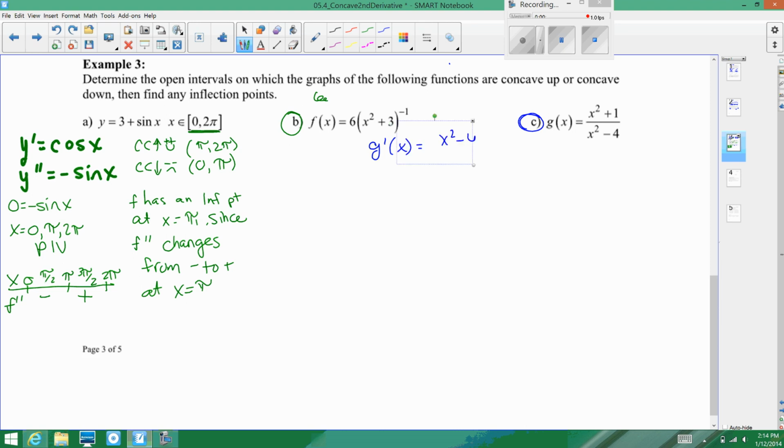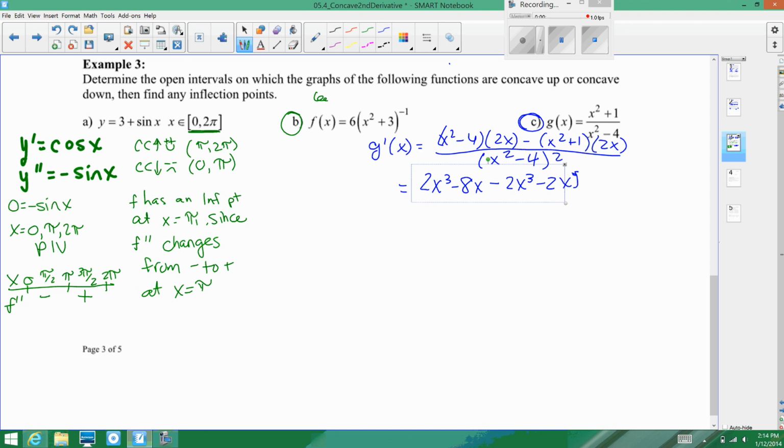So we have ho d hi minus hi d ho, all over ho ho, x squared minus 4 quantity squared. All right, we should probably simplify before we keep going too far. So we get 2x cubed minus 8x minus 2x cubed minus 2x.